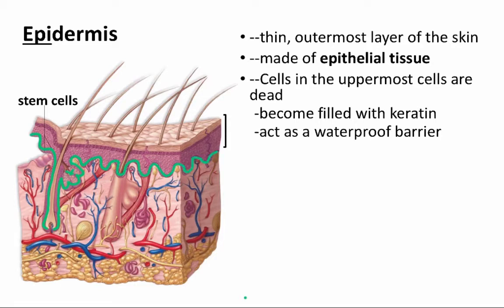So you can see that the stem cells actually dip down into the dermal layer of skin. As I said before, the cells in the uppermost layer are dead. They become filled as the stem cells, the epidermal stem cells, reproduce. The slightly older cells are pushed closer and closer to the surface of the skin of the epidermis.